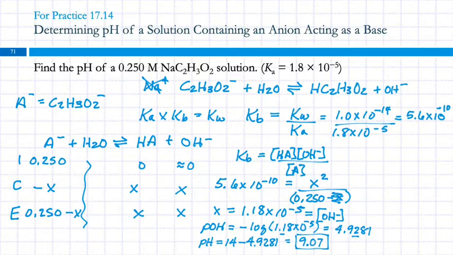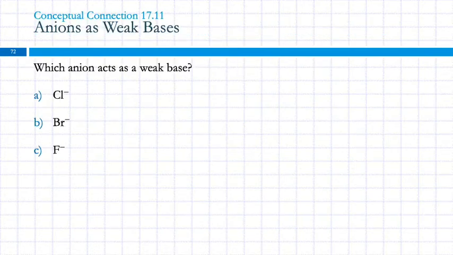Are there ever positively charged counter ions that have enough of an acidic character to make this not work? Yes. We'll get to that. Any questions about this calculation? .07. Awesome. Okay, which anion acts as a weak base?